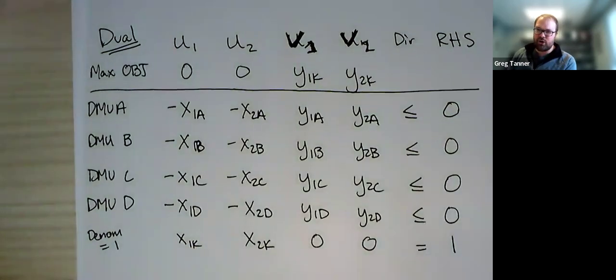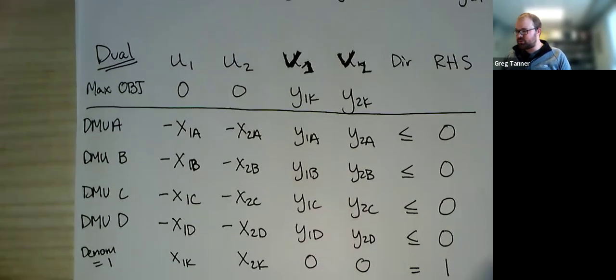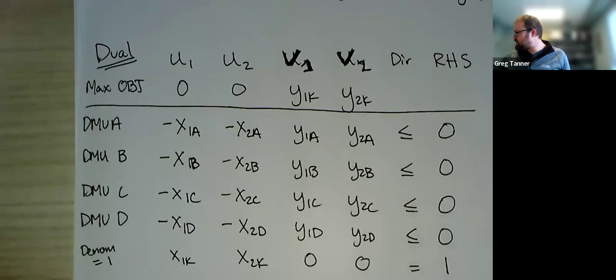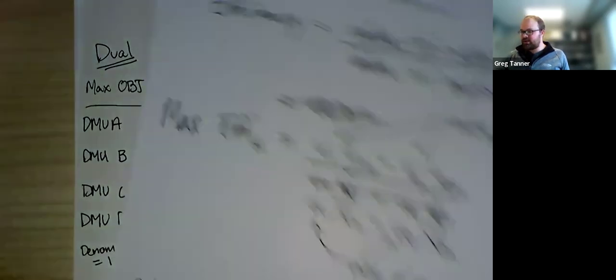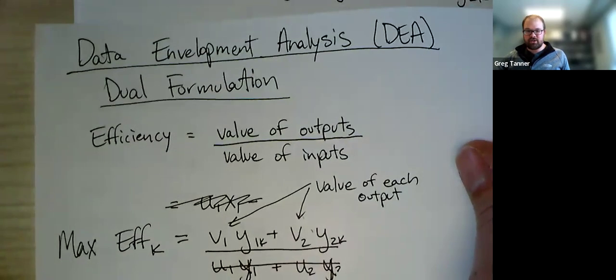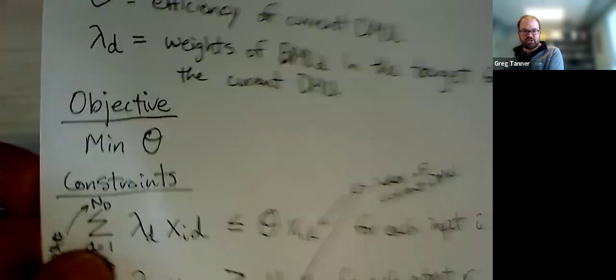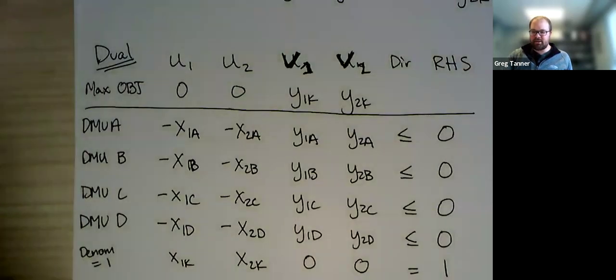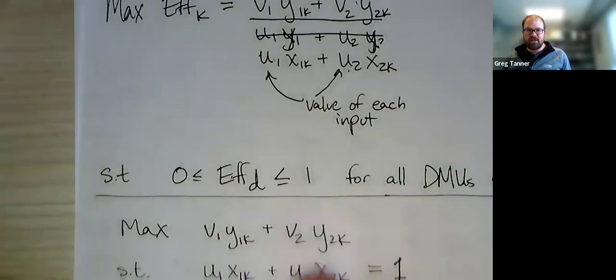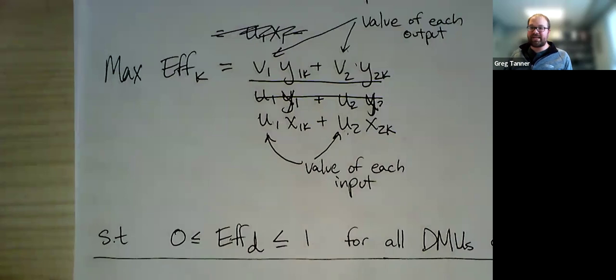Okay, so essentially our theta was a variable that could be either positive or negative, even though in practice it would always be positive. So that's the conversion that we can make between the dual formulation and the primal formulation. And the nice thing that we get out of this is these dual variables have a meaning.